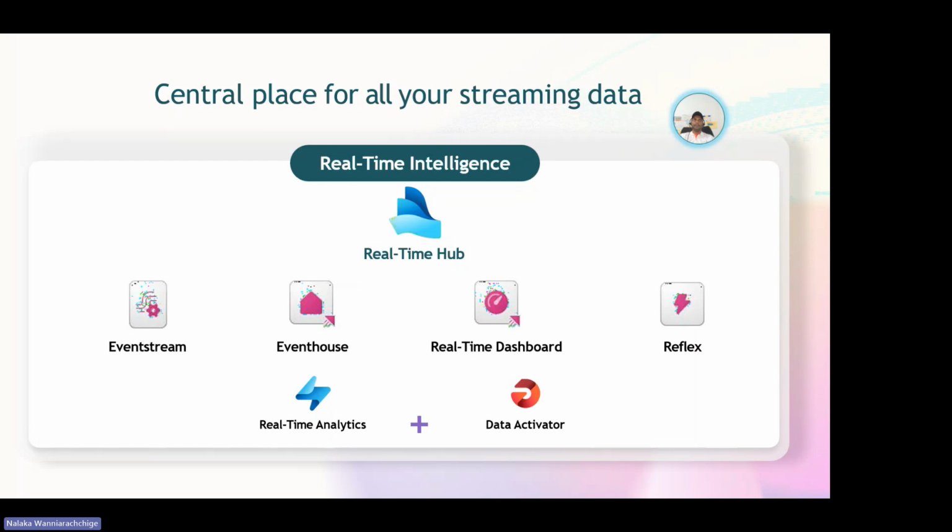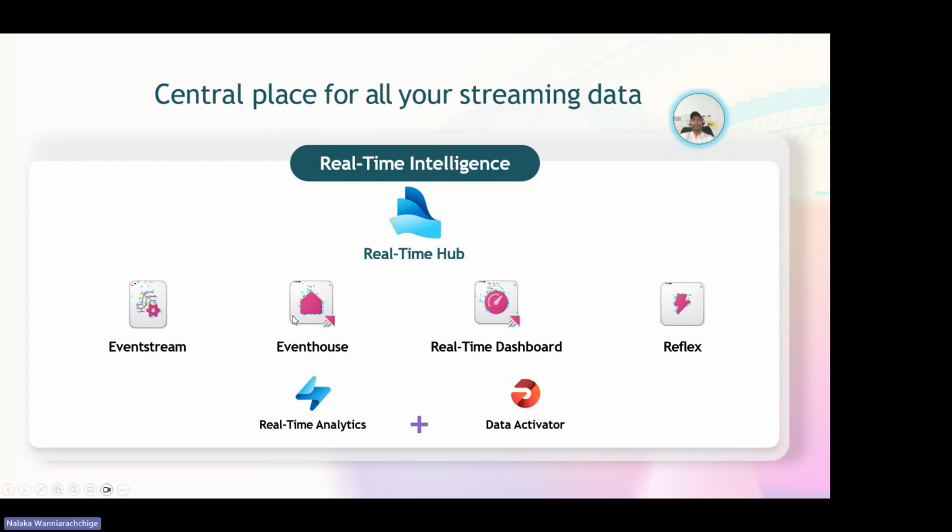But in the Fabric ecosystem, it is more enhanced, and the capabilities are now more simplified. Most of the technicalities and the connections are abstracted, so you don't need to worry about connecting all these things, because you need to focus on building your real-time solution.